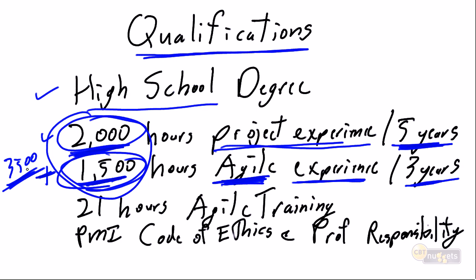In June of 2009, I worked on this project and I got 500 hours. In September, I worked on this project and I got 600 hours of Agile experience. So you have to, on your application form, submit the details around where you have gathered your 2,000 hours of general project experience and your 1,500 hours of Agile experience.